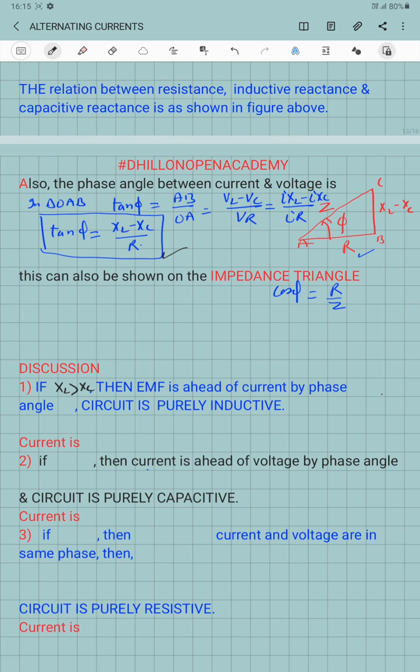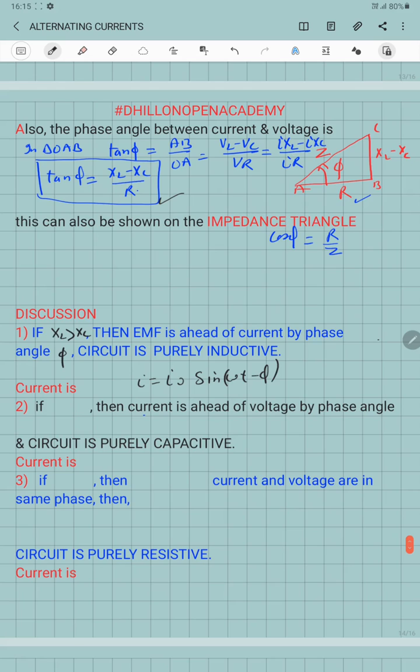This means that voltage will be leading the current by the phase angle phi. So the circuit in this case will be an inductive circuit. So in the LCR series circuit, although all three components are present, because voltage leads the current by the phase angle phi, the circuit will act as an inductive circuit. So in this case, the current will be I equals I naught sine of omega t minus phi.